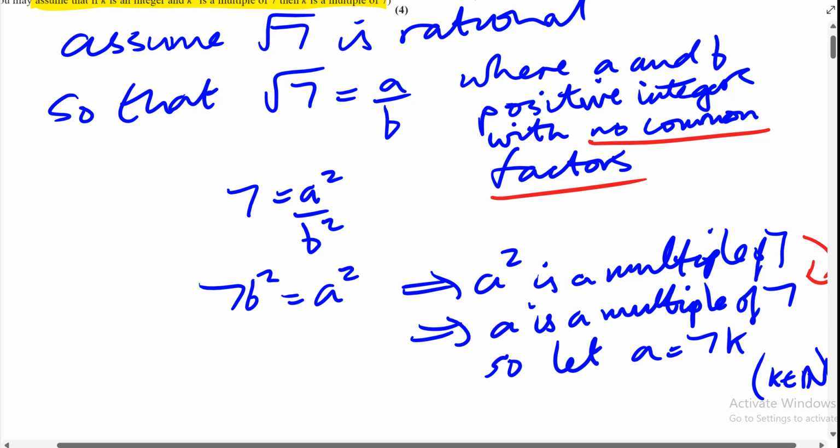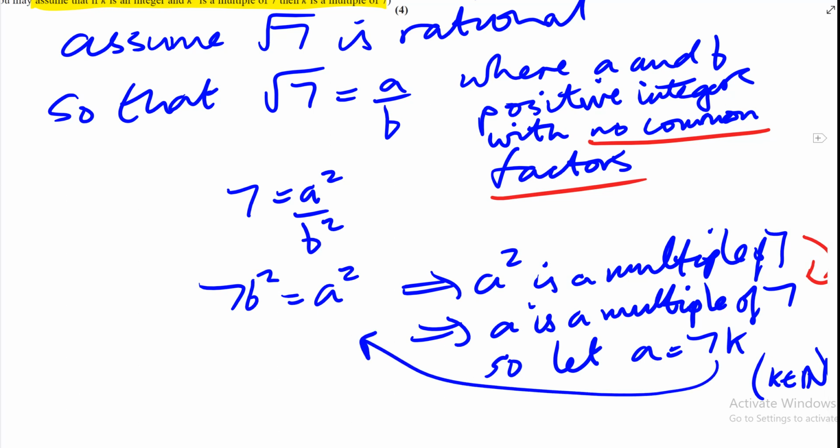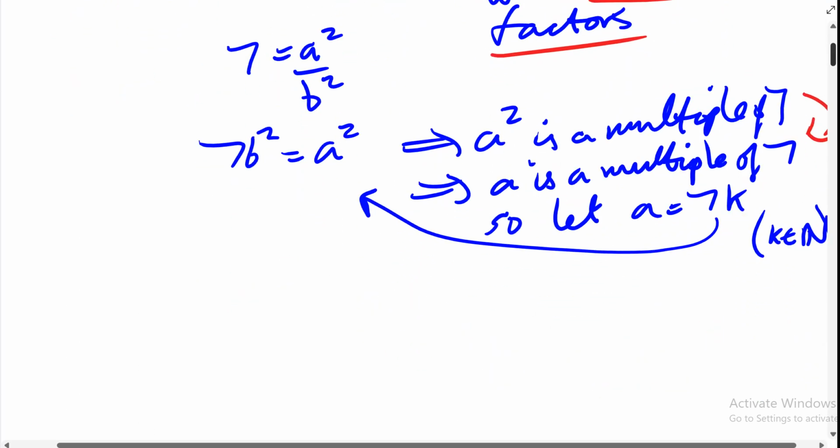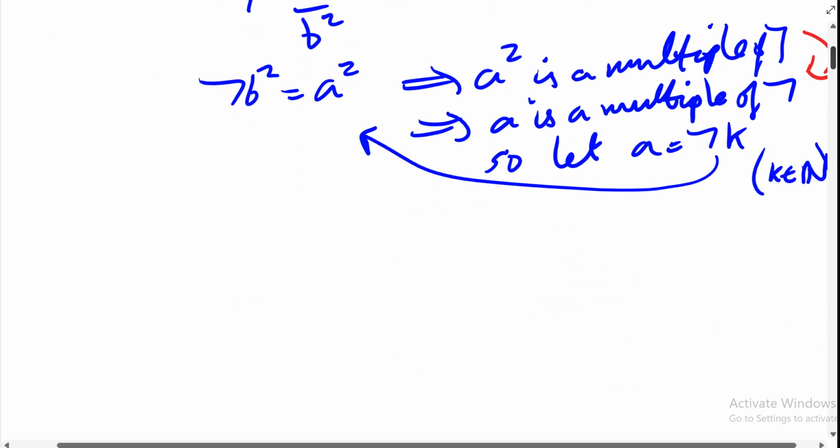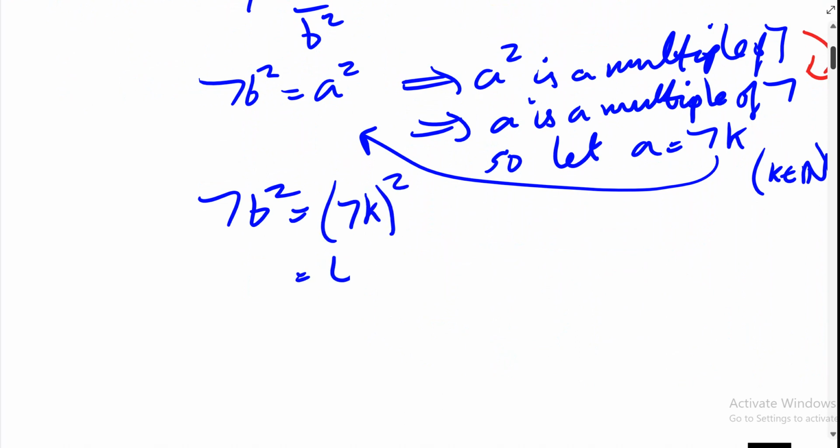And then we can sub that back in here. So that means that 7b squared is 7k squared, which is 49k squared.